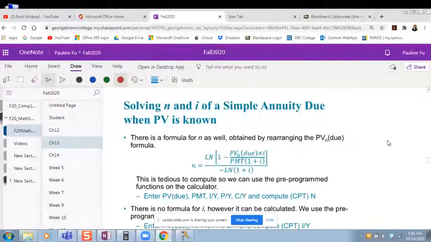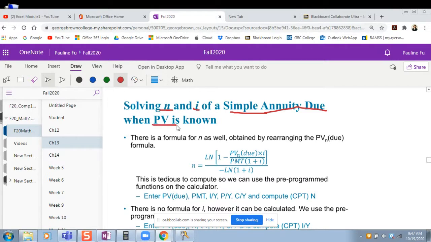Next, for annuity due, we calculated present value. We calculated future value. Now, let's calculate the term N. Solve for N and solve for interest I for a simple annuity due.